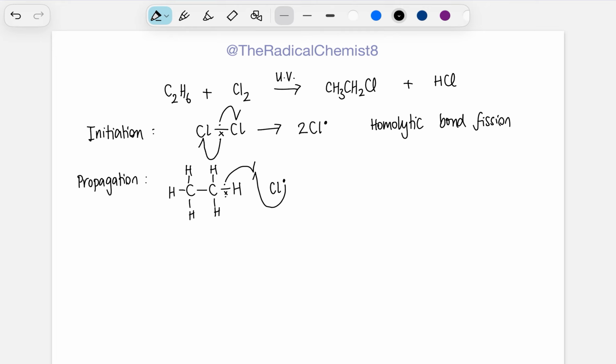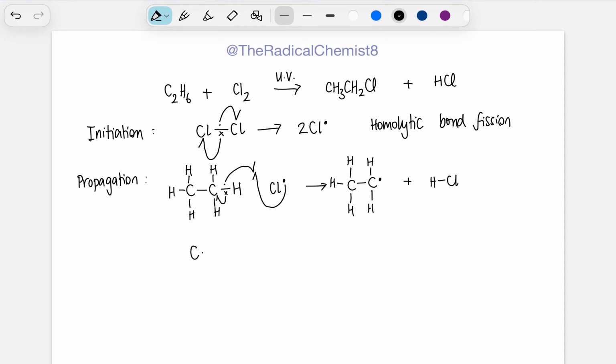And then I'm going to send this other electron here to the carbon. So this will form the radical on this carbon plus HCl, or hydrogen chloride in this case.